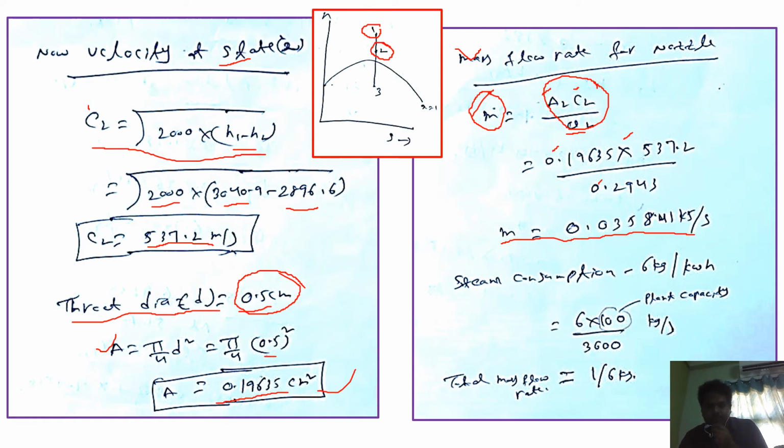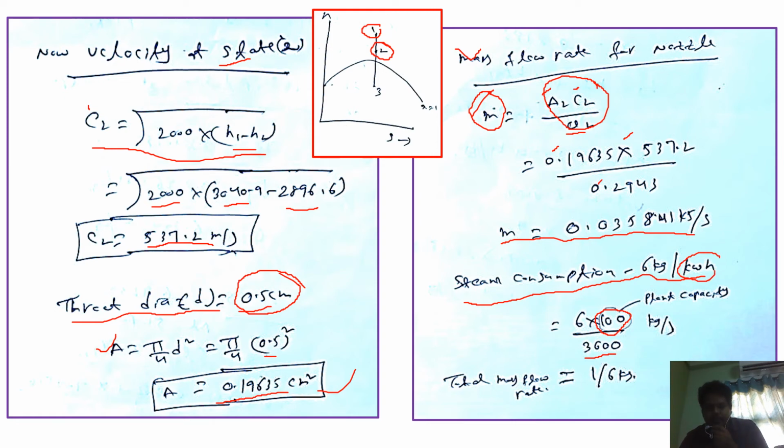Now let us find, in the problem they have given the steam consumption is 6 kg per kilowatt hour. From this we can find the total mass flow rate. So 6 into the capacity, which is 100 kilowatt, also given in the problem, divided by 3600, because it is per hour so we have to convert into seconds.